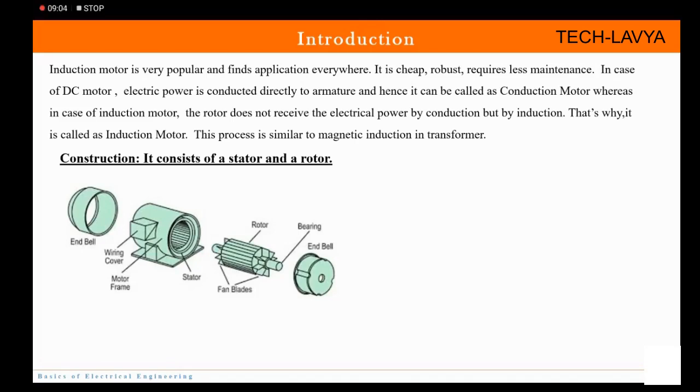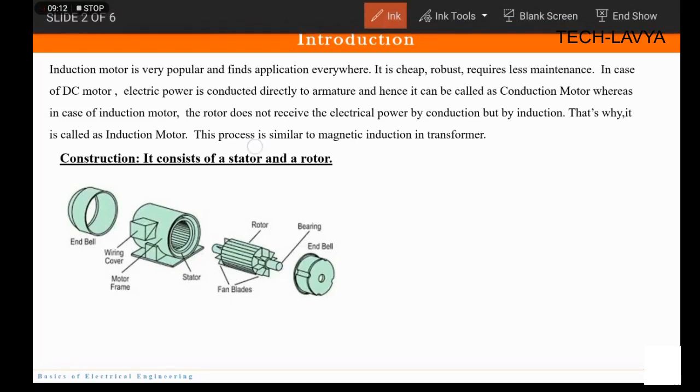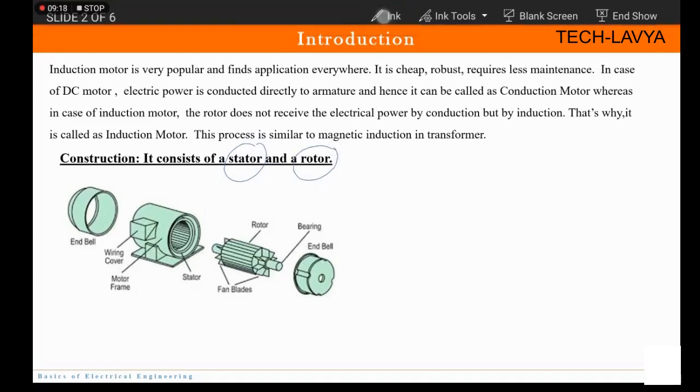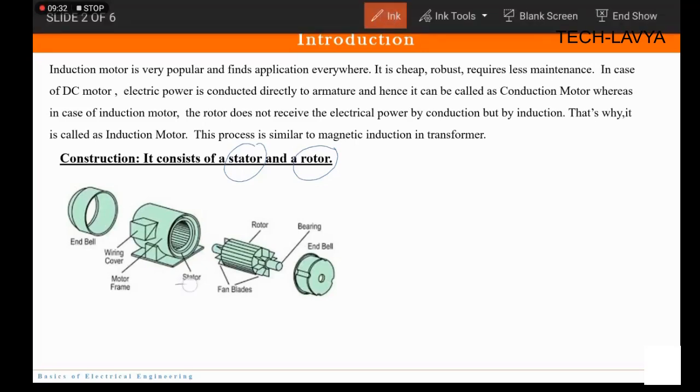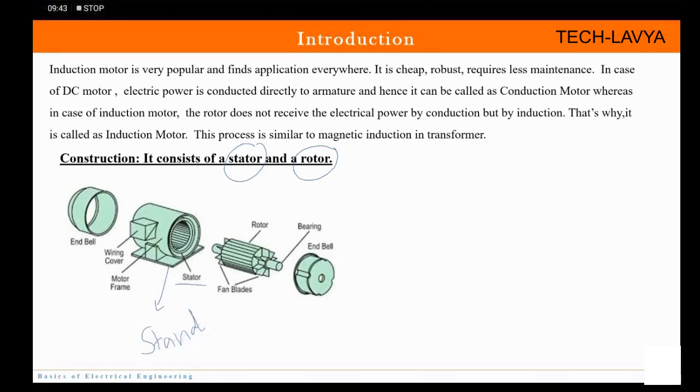So you can see various components of an induction motor. It has many small components, but the very important components are the stator and the rotor. The stator is a stationary device, as is quite clear from the name itself. The stator is stationary and the rotor is what rotates. So you can see that this is the stator, and it has a stand, which lets us keep it on some platform.